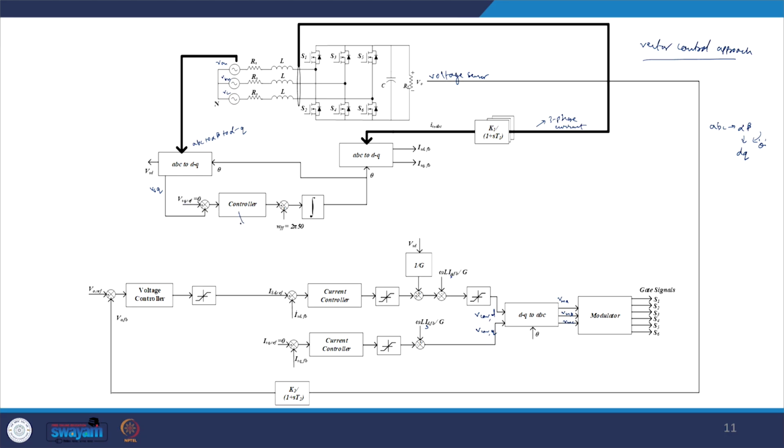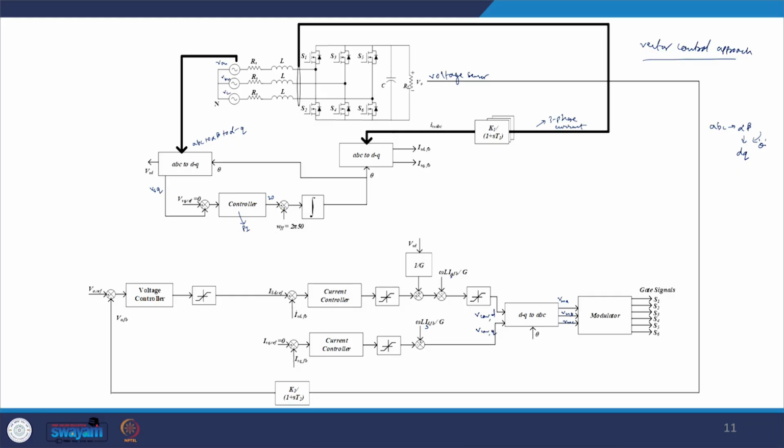It could be a traditional, classical PI controller, and the output of this will be nothing but the omega, because you are aligning the D axis along the voltage space vector. Aligning means you are changing the angular speed with which those D and Q axes are rotating, because we are making sure the D and Q axes get locked with the voltage space vector. That we are doing by making VSQ converge to 0.